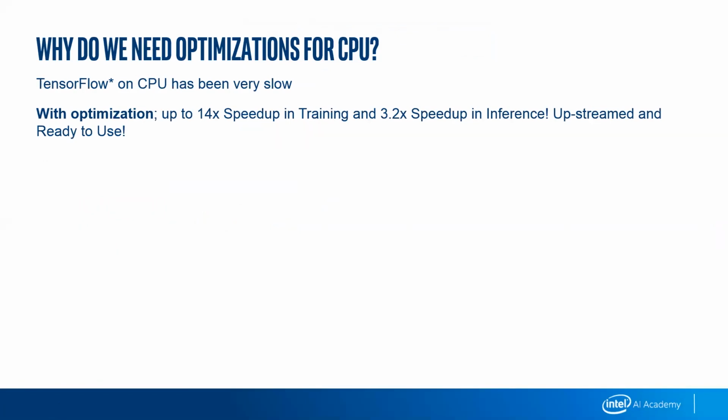So you will definitely see this continuous work from Intel, and it has been upstreamed and is ready to use. All the optimizations that we're talking about are available on the master branch today, and you should be able to take advantage of them.